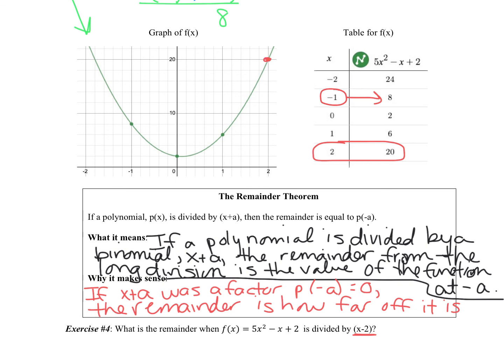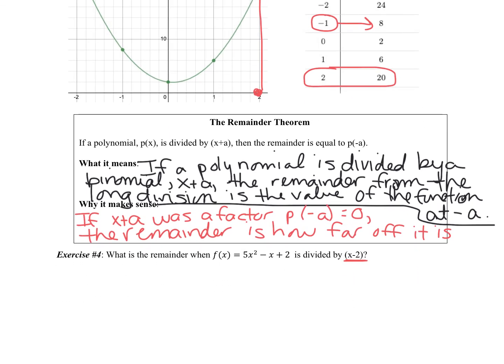So we can see on the graph, if x minus 2 was a factor, the point would have been down here, but we're 20 off from it being a factor, so the remainder is 20. Just to show my work, I would write f of positive 2 equals 20, so the remainder is 20.